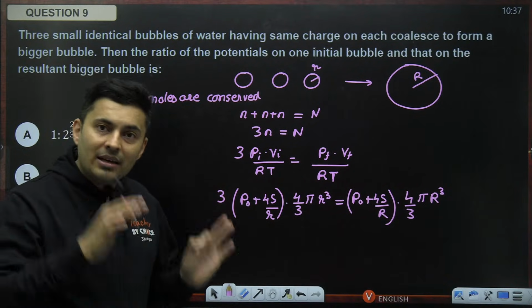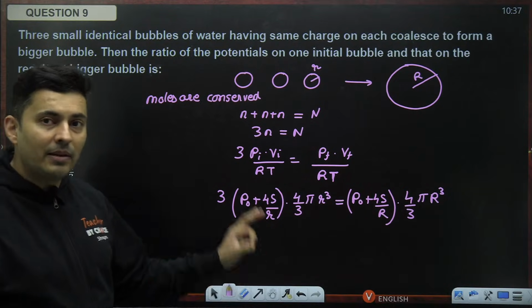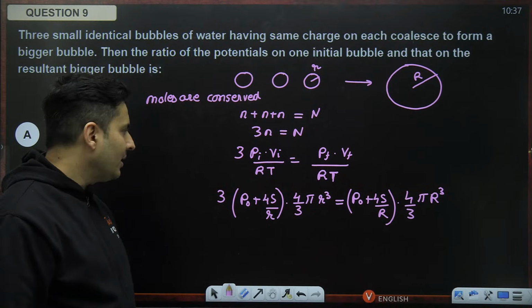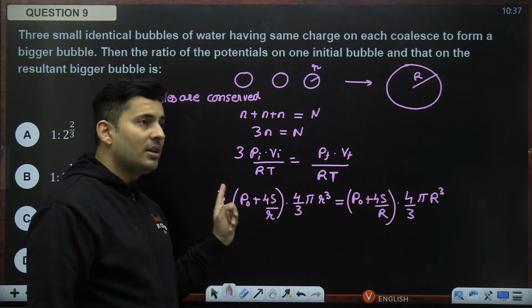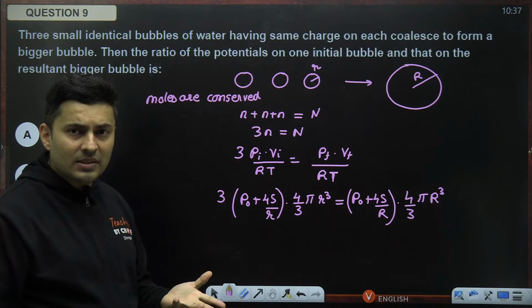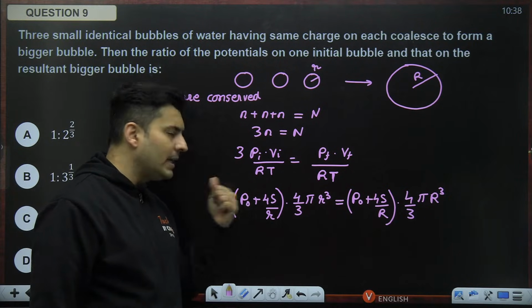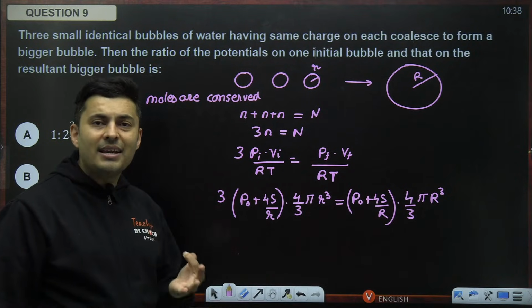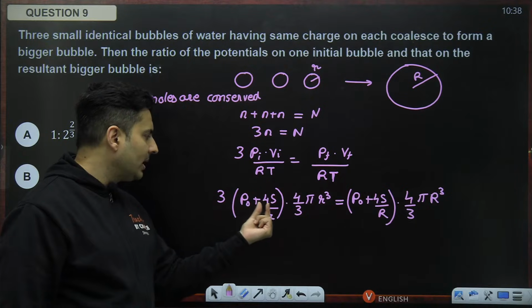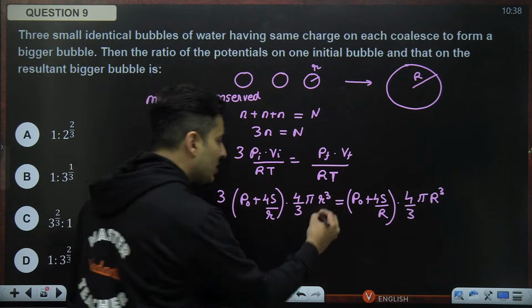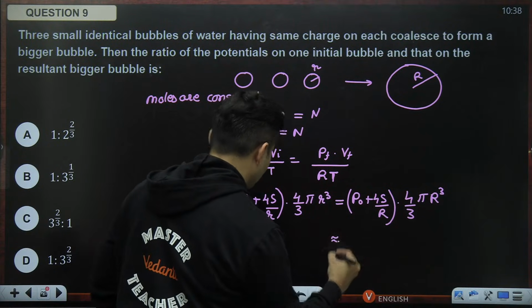But then here comes the approximation which many people missed and they wrote it directly without even thinking what is happening in the question. This outside pressure is generally of the order of 10 raised to 5 pascals. This quantity is not even 1 or 2 pascals. It's barely anything. So when you have such a big term versus a small term, that small term becomes negligible.